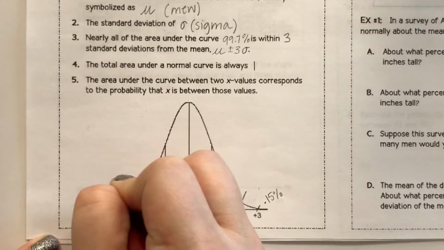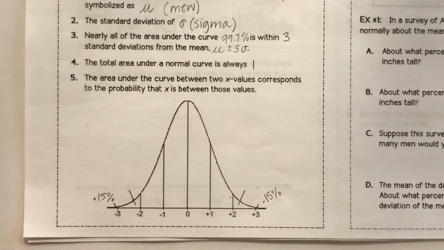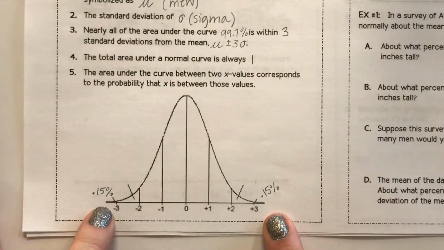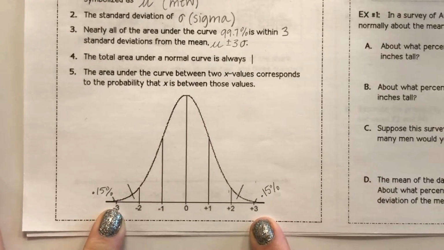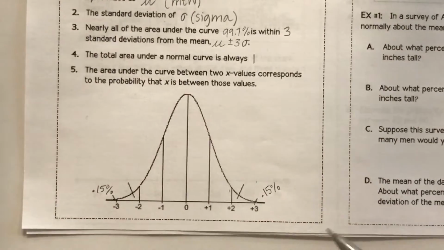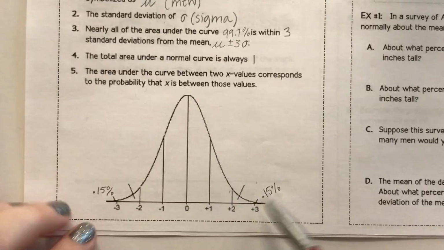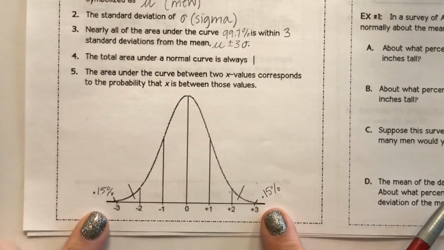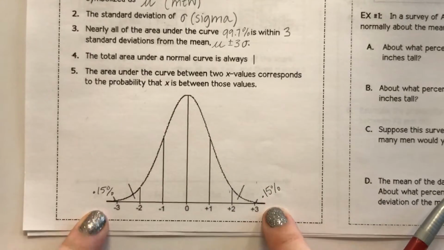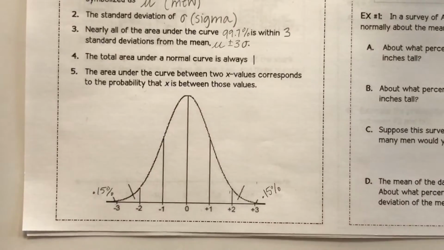Or there's a 0.15% chance that somebody lies outside of those standard deviations. And hopefully that makes sense. I mean, if 99.7% is between -3 and +3 and it's even, then half of 0.3% lies outside on each side. So, I mean, it makes sense.